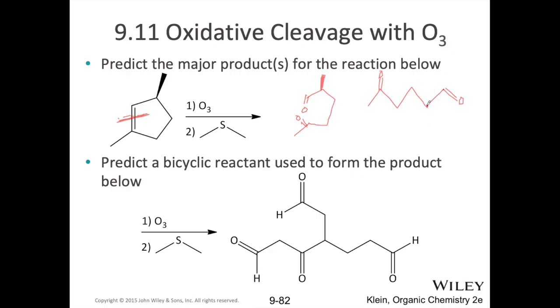Okay, so I want to keep the same configuration here. So accordingly, if this is R or S, we want to draw that the same way. Okay, so looks like if that hydrogen's pointing away from us, it goes 1, 2, 3. It's going to go counterclockwise, so that's going to be an S enantiomer.